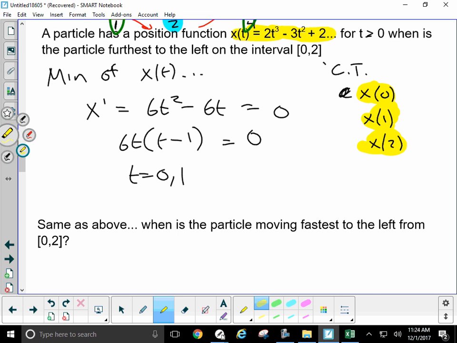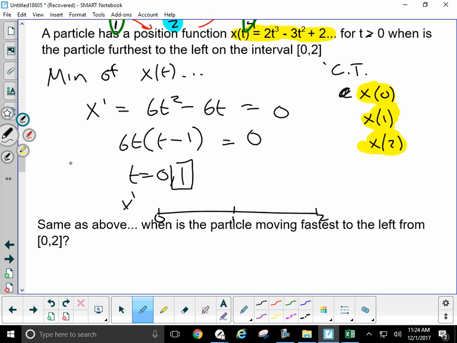Now, you could do that, or before I do that, let's look at the signs of f prime. Let's start at 0. Let's go to 2. In between at 1, we have a critical point. I see that if I plugged in a half, I'd get a negative x prime value. If I plugged in 1.5, I'd get a positive x prime value.